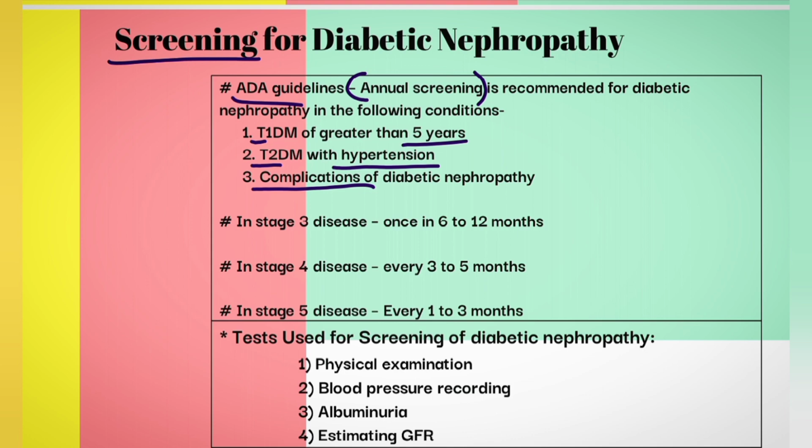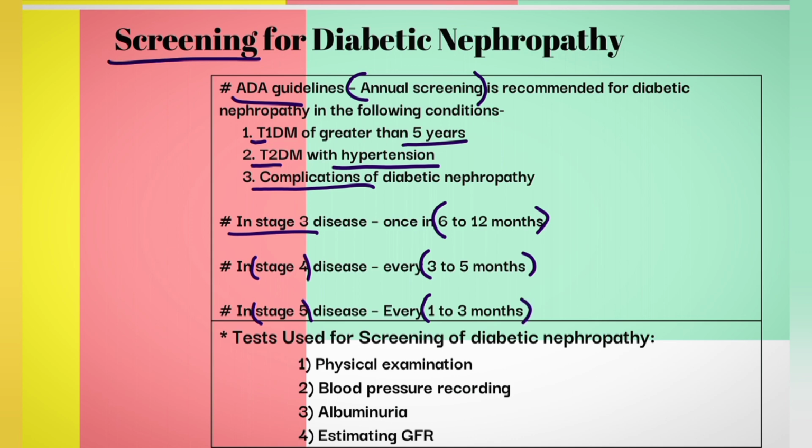In stage 3 disease, the screening should be done once in 6 to 12 months. In stage 4, the screening should be done every 3 to 5 months. For stage 5, the screening should be done every 1 to 3 months, meaning this screening should be done more frequently.